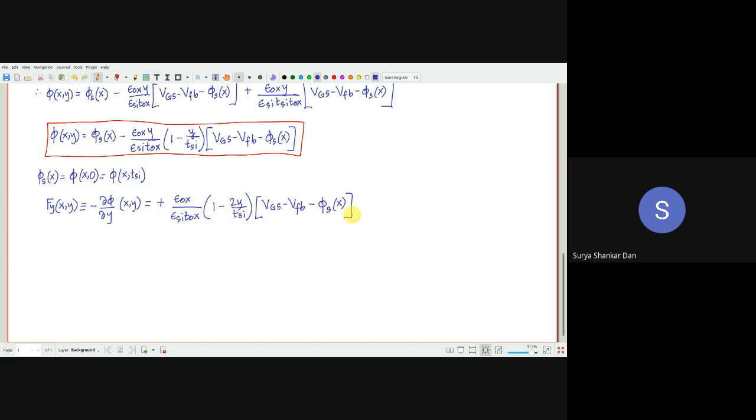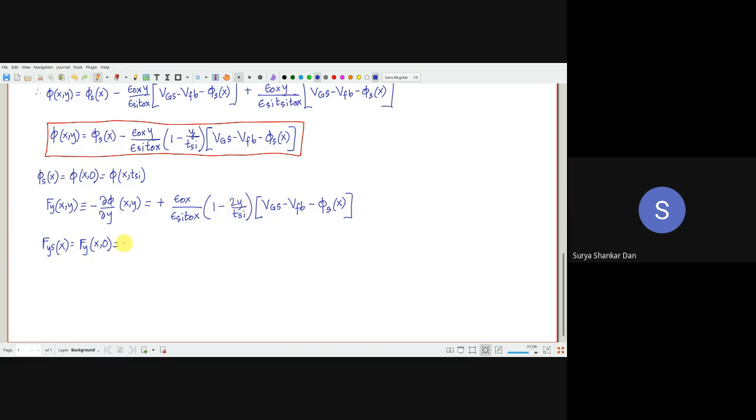Now notice that F_y on the surface as a function of x will be equal to F_y(x, 0). So if I put y is equal to 0 here, what is the case?